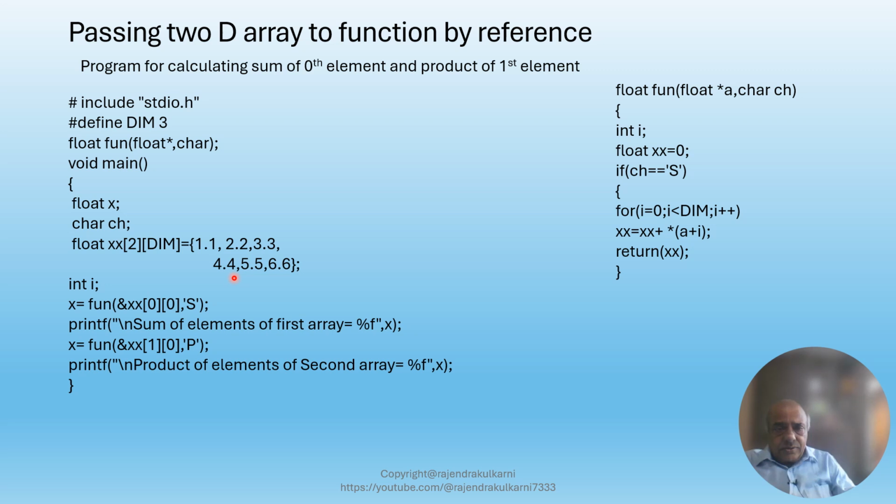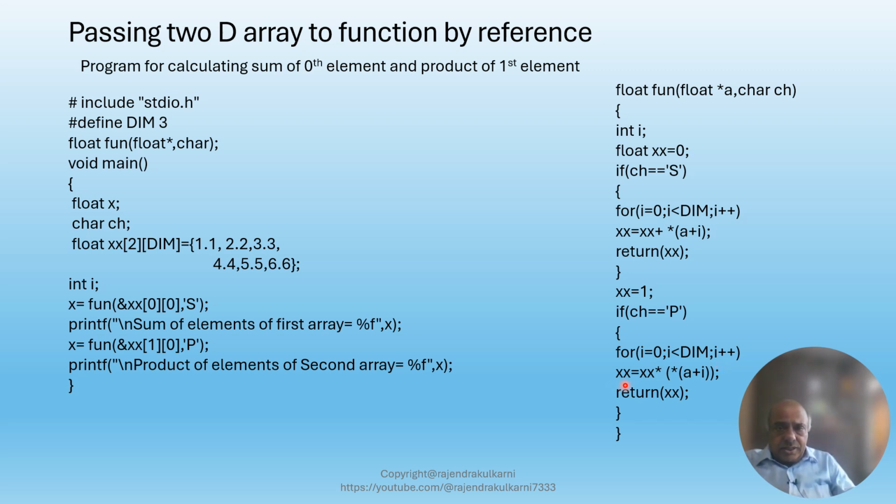This address of 4.4 will be passed to the function, and this for loop will be executed when ch is equal to p. This expression is true, so this if block will be executed, in which there is a for loop.